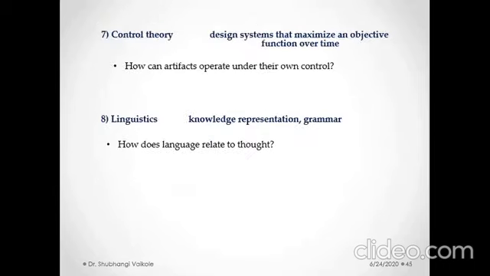Then the next one is control theory and cybernetics. It comes in 1948. It is a study that designs systems that maximize an objective function over time. So, how can artifacts operate under their own control?